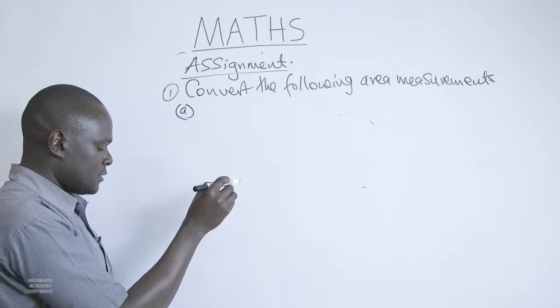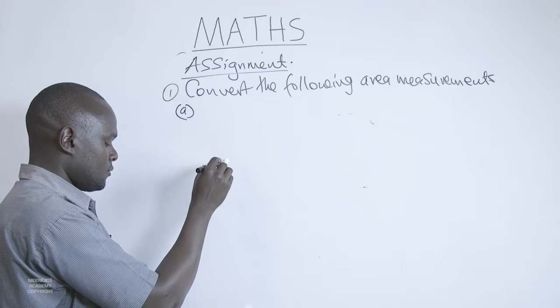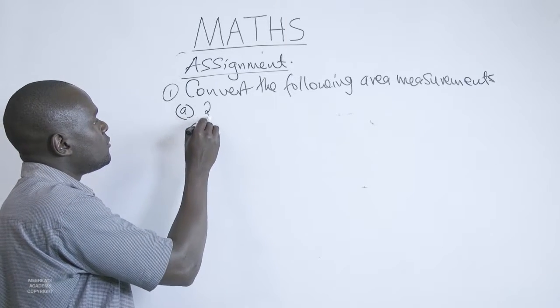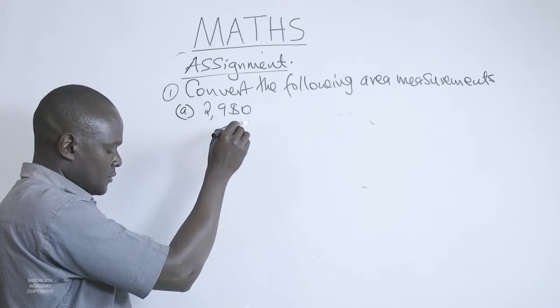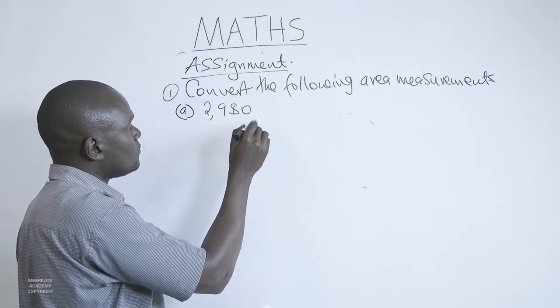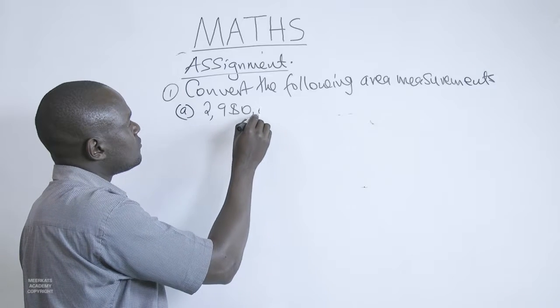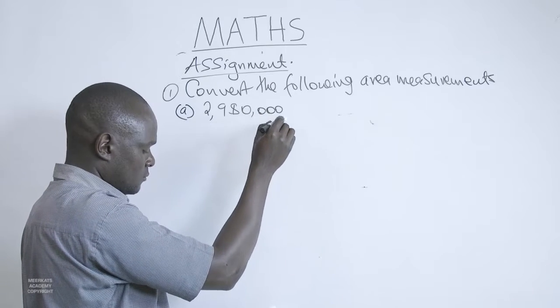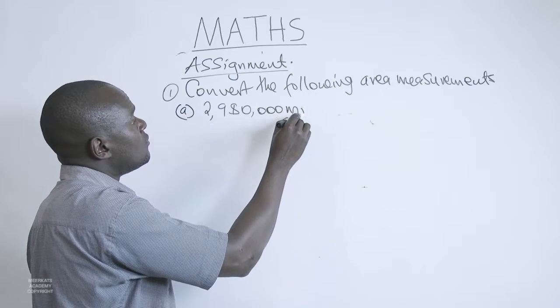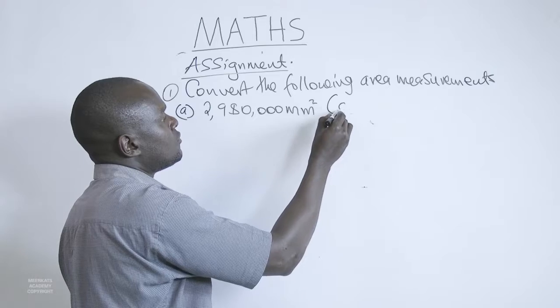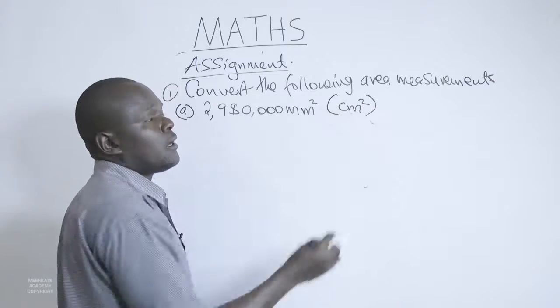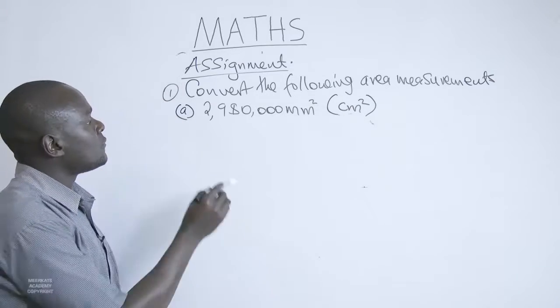You should convert 2,980,000 square millimeters to square centimeters.